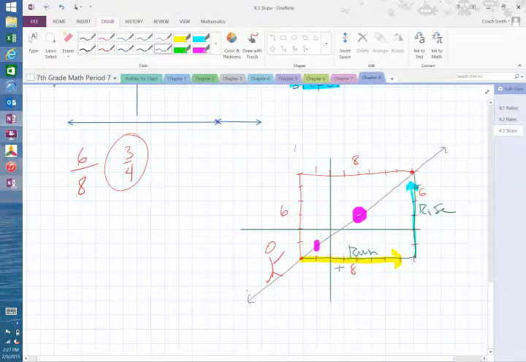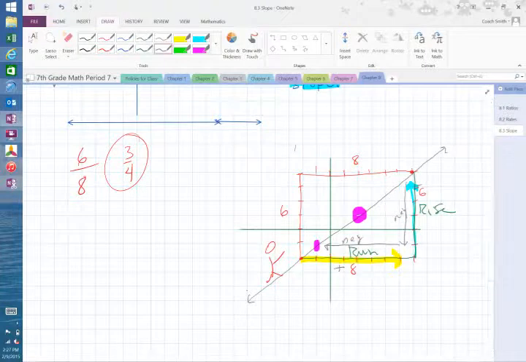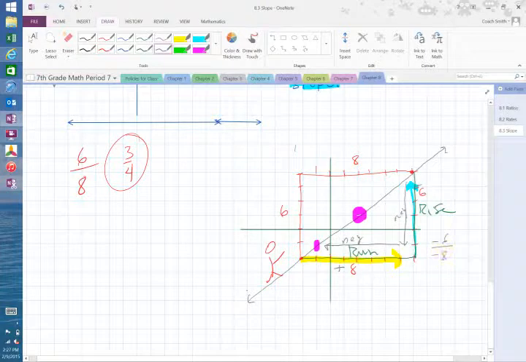Well, what if you went the other way? If I go down, that's negative, right? And if I go to the left, isn't that negative? And two negatives make a what when you have a fraction? A positive. So you could say this is negative 6 over negative 8. Well, that's still positive 3/4, regardless.